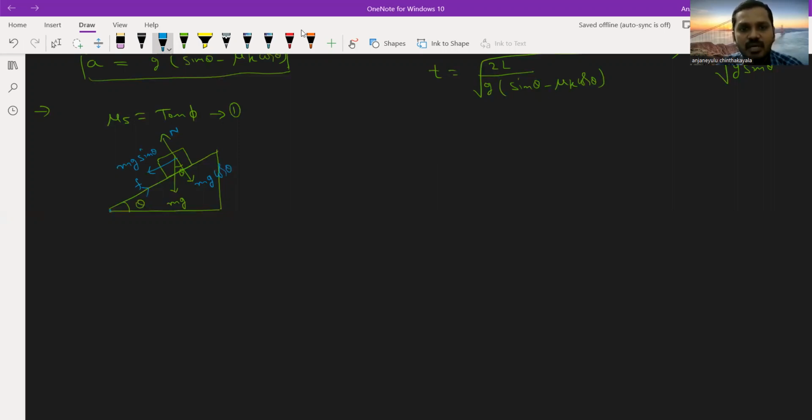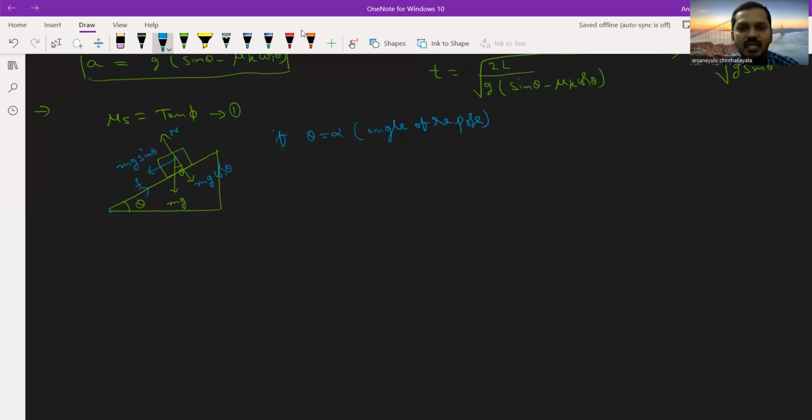Next, here three cases we can discuss. First case, if theta is equal to alpha. So what is alpha? Angle of repose. We already discussed the statement of angle of repose. At a particular angle of inclination, the body is just ready to slide down the inclined surface.